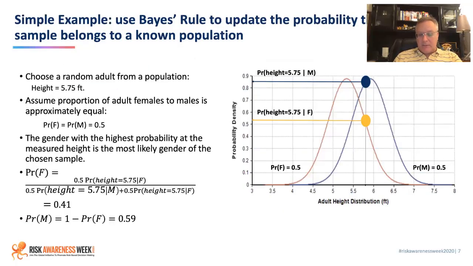So again, let's say you have randomly selected an adult human out of a population of humans, and you measure their height. So their height is the attribute that you're associating with the hypothesis that either males or females can describe the person that I've selected out of the population, right? Now, of course, there is in fact a variance in the distributions associated with the heights of both males and females.